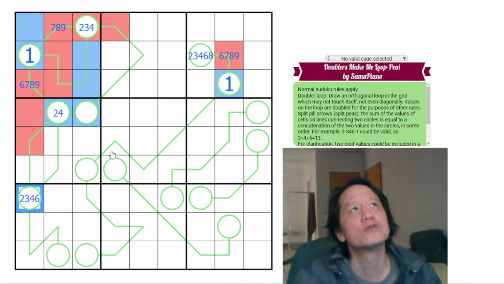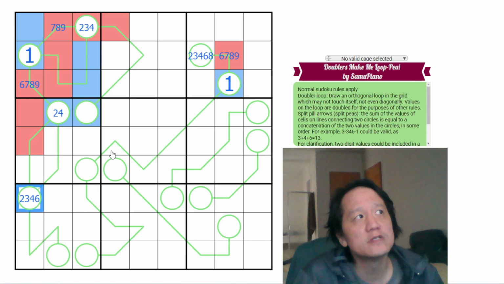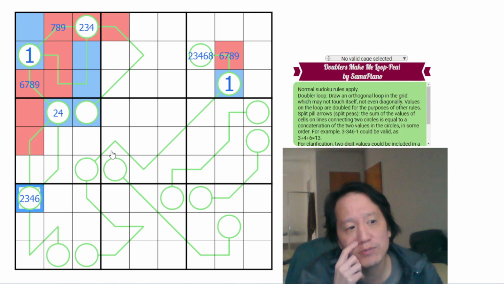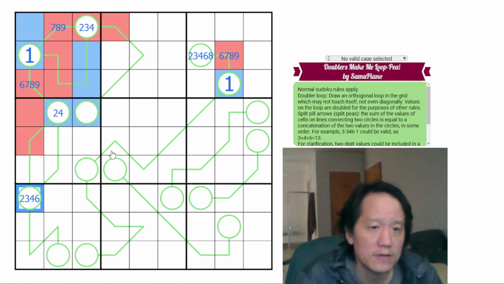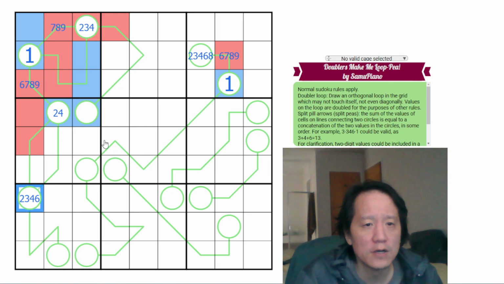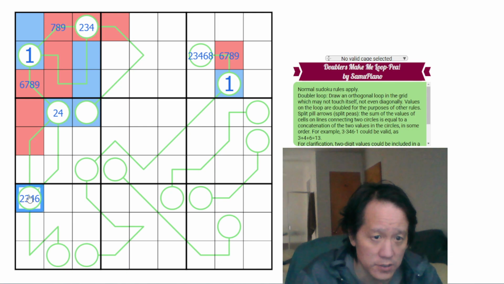23, what about 23? You could have 8 doubled, which is 16 plus 7, and then you have 9 doubled, which is 18 plus 5. So 23 does work. What about 24? Okay, so if it's 26, so this is 2, this is 6.